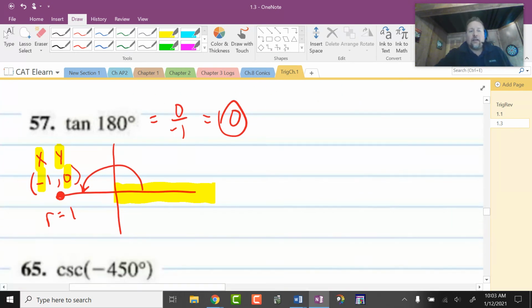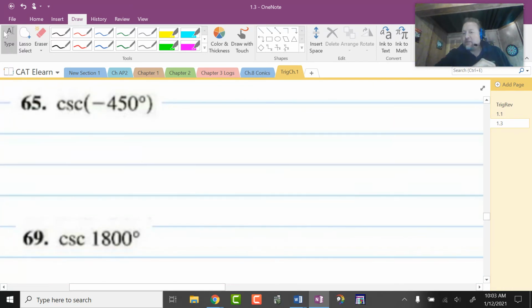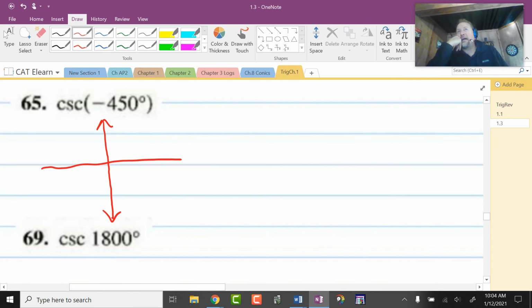All right, now you want to get nuts? Let's get nuts. And for purposes of time, I'll probably have to leave the chat here. Negative 450. Okay, so what's the relationship between a negative angle measure and negative side measures? Nothing really. A negative angle measure just implies which way we're going to start off.